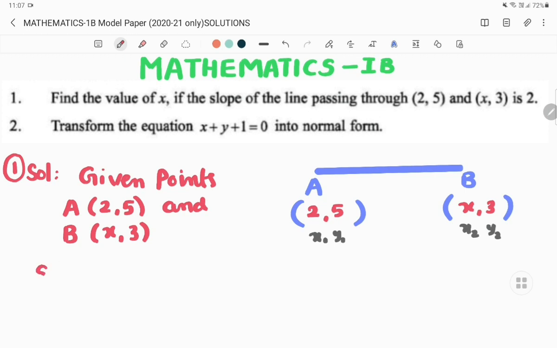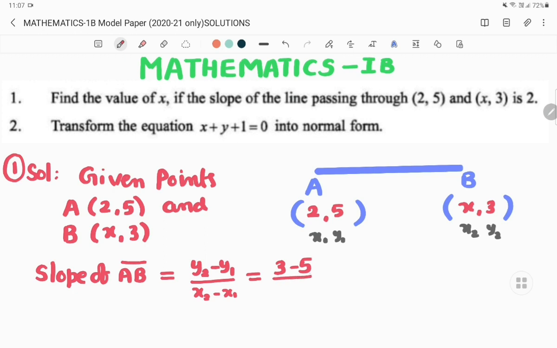Slope of AB, next step. Write the definition: (y2 minus y1) by (x2 minus x1). Substitute the respective values: (3 minus 5) divided by (x minus 2), so minus 2 divided by x minus 2.